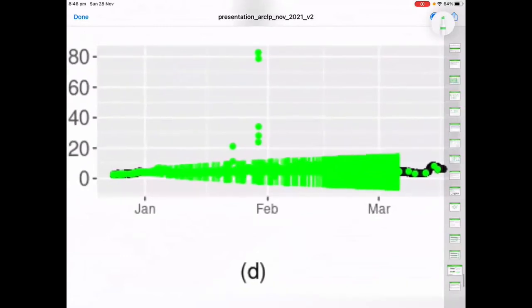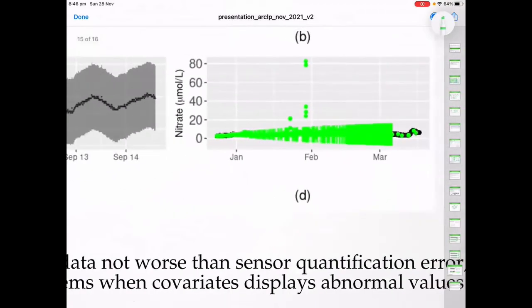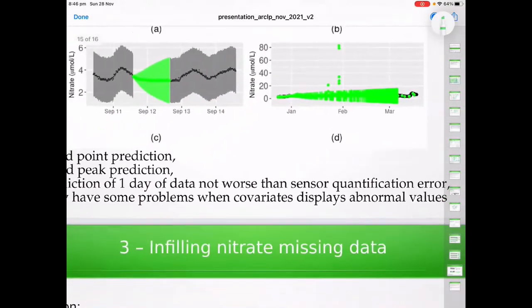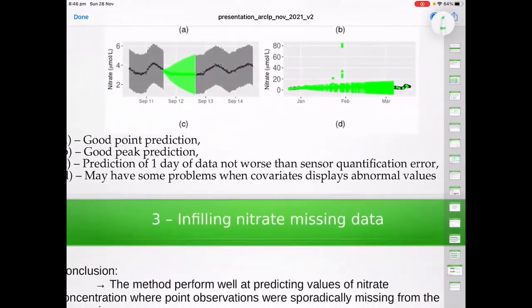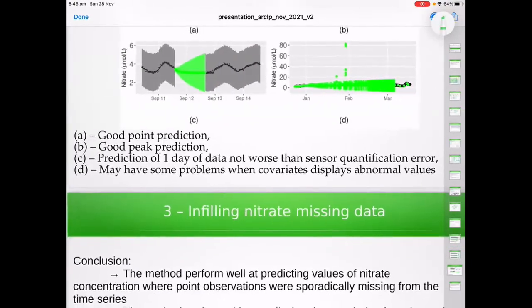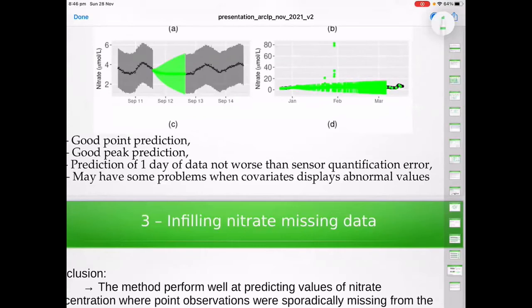Now, here not everything is good. You can see we have some very high predictions. This looks like a not good prediction, but it in fact comes from some abnormal values on the covariates.